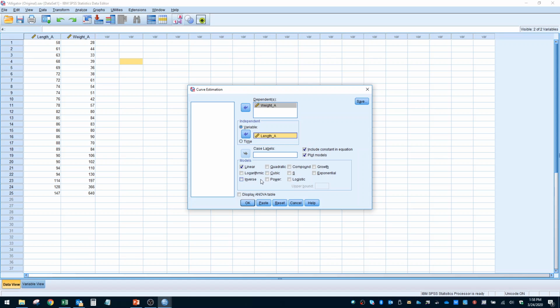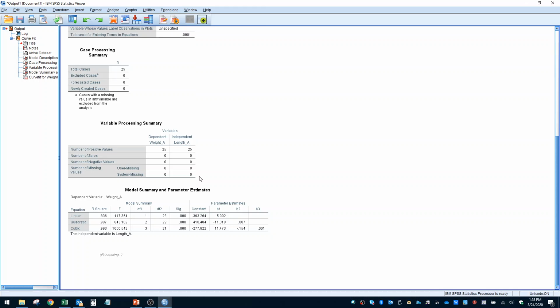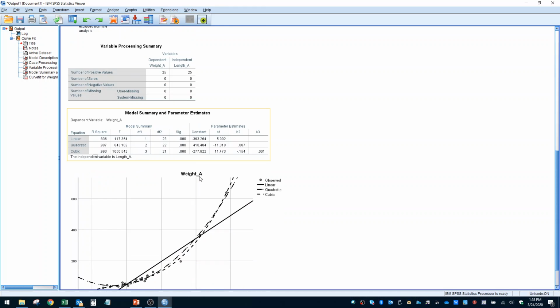And I can pick the quadratic and the cubic and the linear. Those are the three I showed in Excel. And away we go. Here is our quadratic. That's the one we had in Excel.